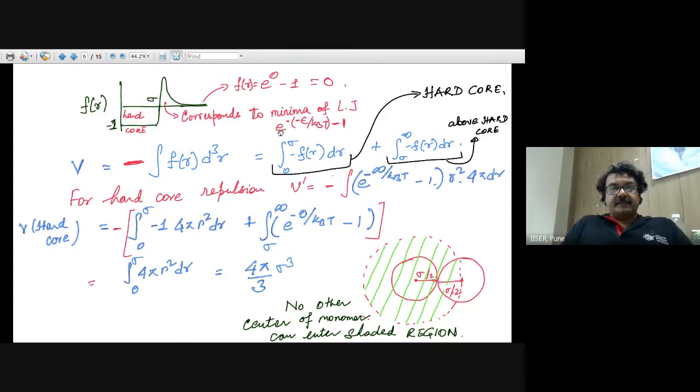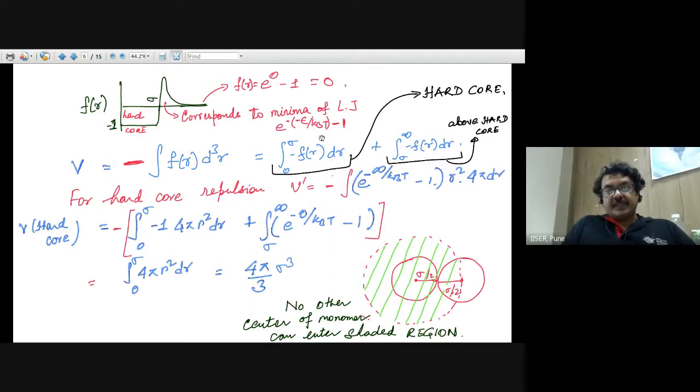The Mayer function in this range would be e to the power minus epsilon, with an r dependence also, divided by kBT. Then you can see that the Mayer function will be positive. So an attractive interaction will give a positive contribution to the Mayer function, whereas a repulsive interaction will give a negative contribution. But remember, excluded volume is the negative of the integral of the Mayer function.